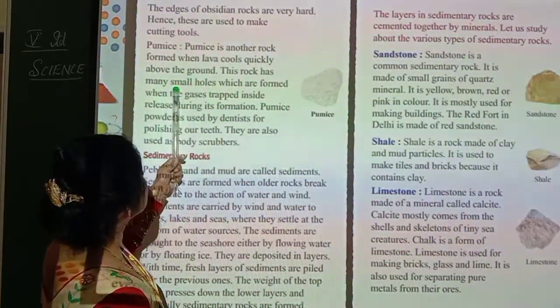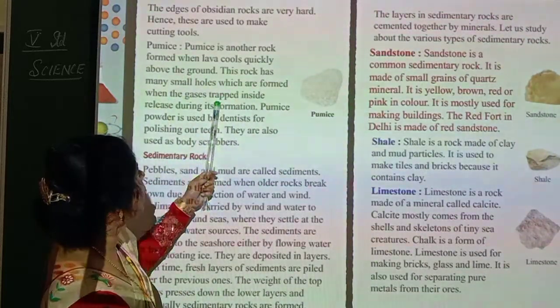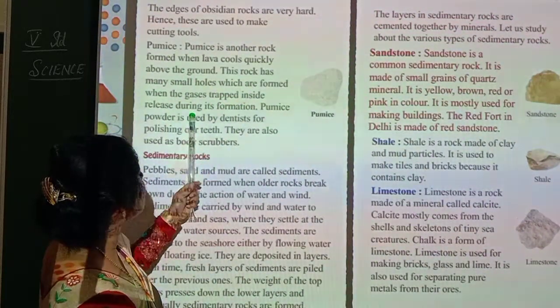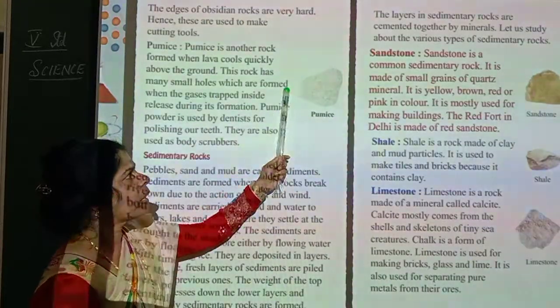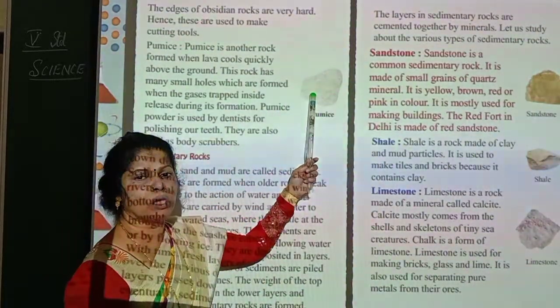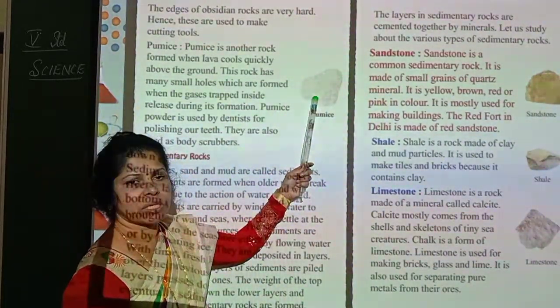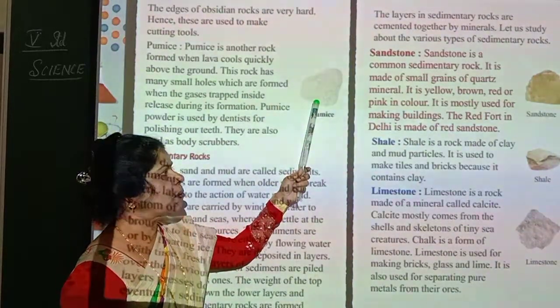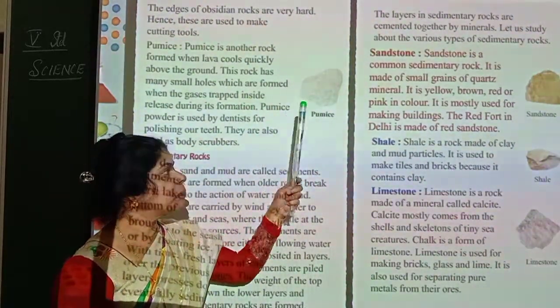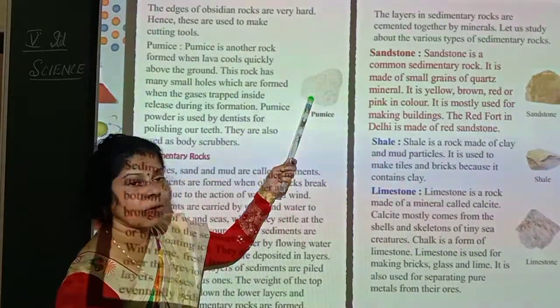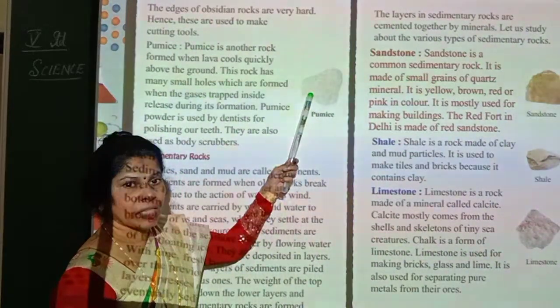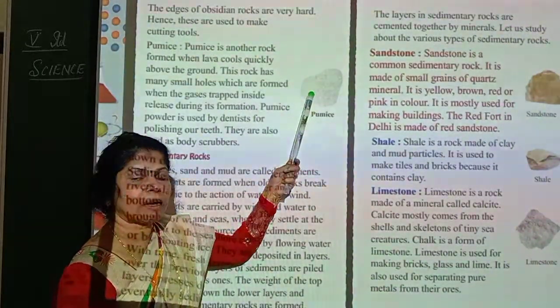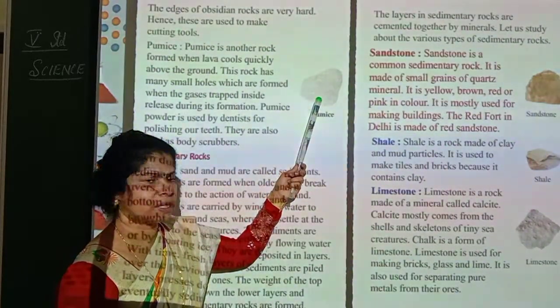This rock has many small holes which are formed when the gases trapped inside release during its formation. So in this rock there will be small holes. What are these holes? When the lava has come out, there will be air and gas filled in this. So there will be bubbles.